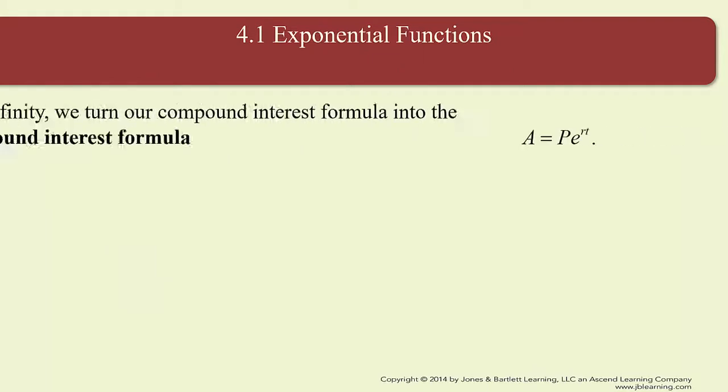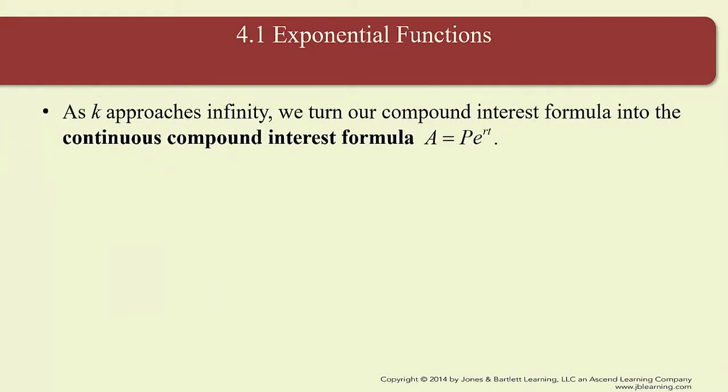All right, so now as k approaches infinity, so it gets incredibly large, we go back to the compound interest formula, and that formula turns into the continuous compound interest formula, which is A equals P e to the rt.